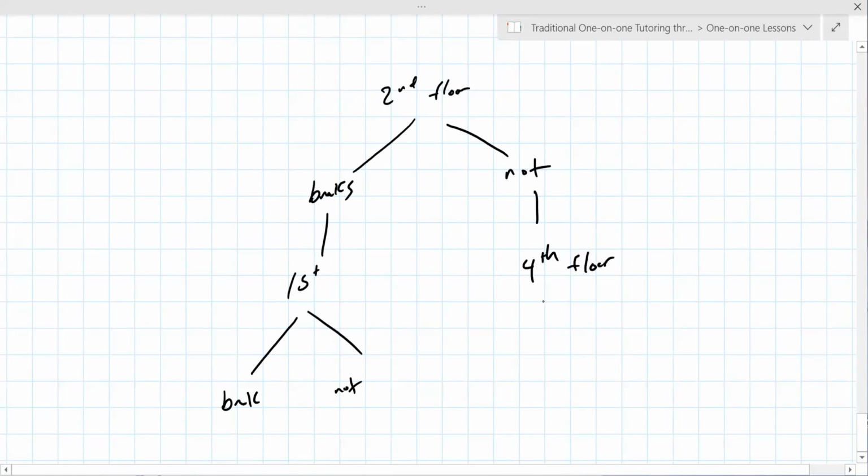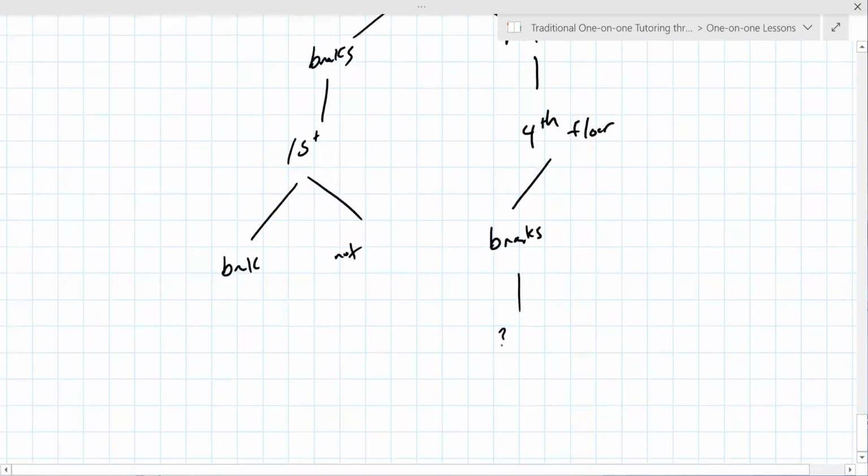And the reason is, if it breaks, well, actually that doesn't help you here. If it breaks, you don't know whether it would have broken on the 3rd. I guess you're supposed to assume that it would also break on the 3rd floor, but we don't know that.